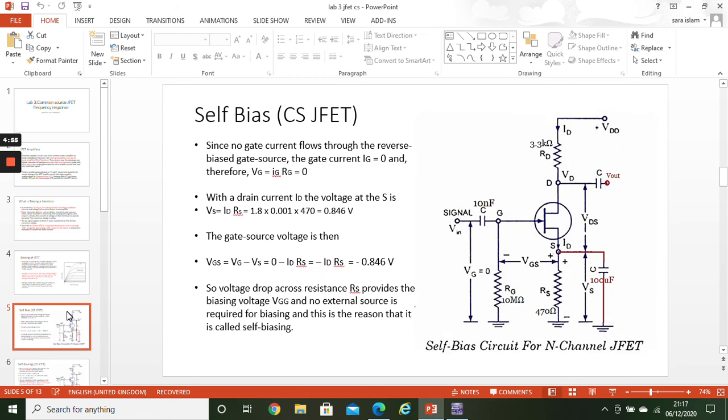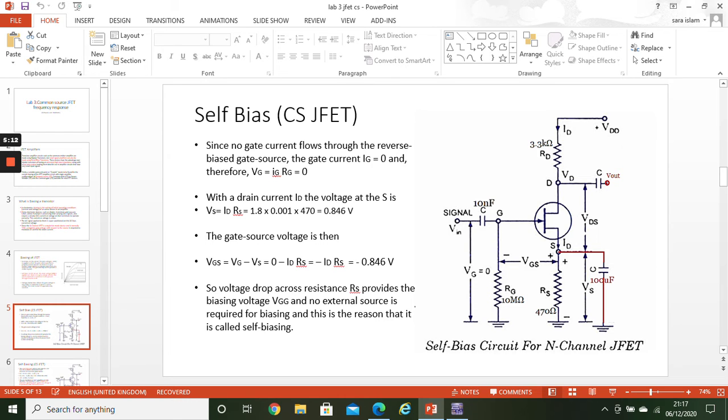So let's move towards self biasing. This is the circuit of your lab, and we will be performing it in Multisim. We will be applying a 12 volt DC supply for biasing. When we are considering the biasing circuit, we do not consider these capacitors.